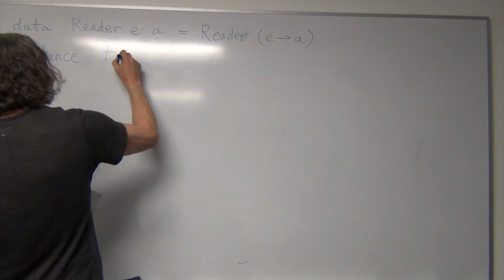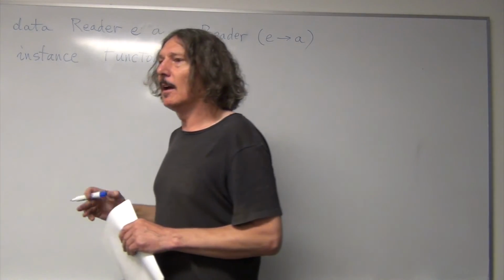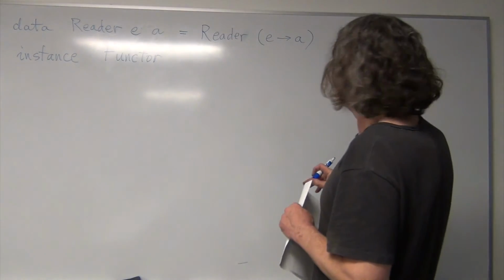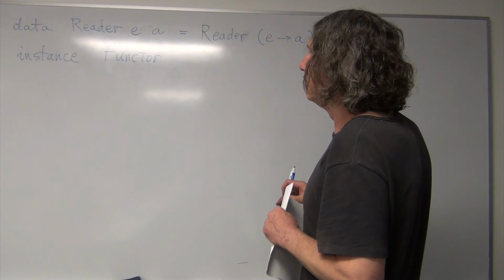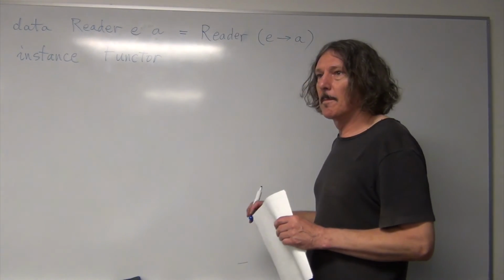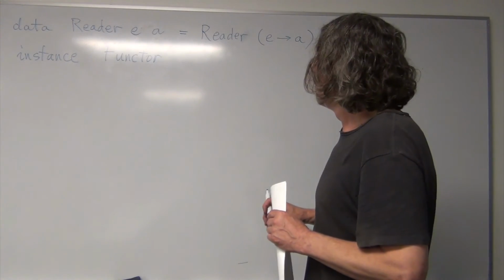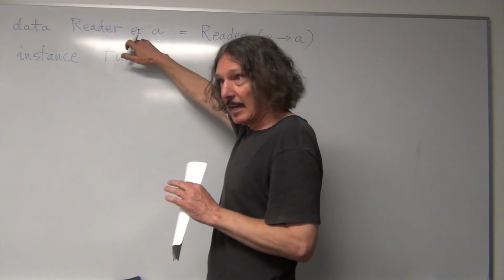Okay, so is this an instance of functor? Sorry, pardon? Did I do something crazy? Yeah, you defined a reader, and the constructor has as parameter not an E and an A, but a map from E to A. Well, remember, this is a type constructor.